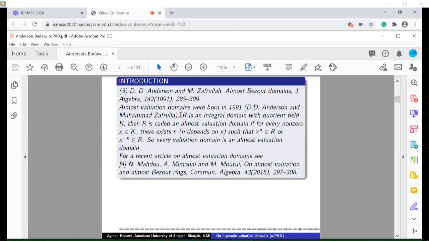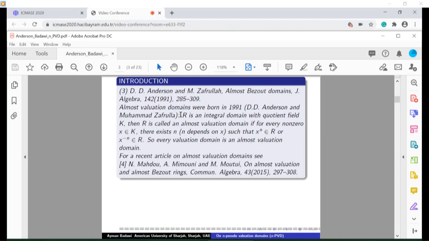That means it is not necessary that the same n works for every x, where x to the n is in R or x to the minus n is in R. Quickly, if you let n equal 1, then we are going to have a valuation domain, right?